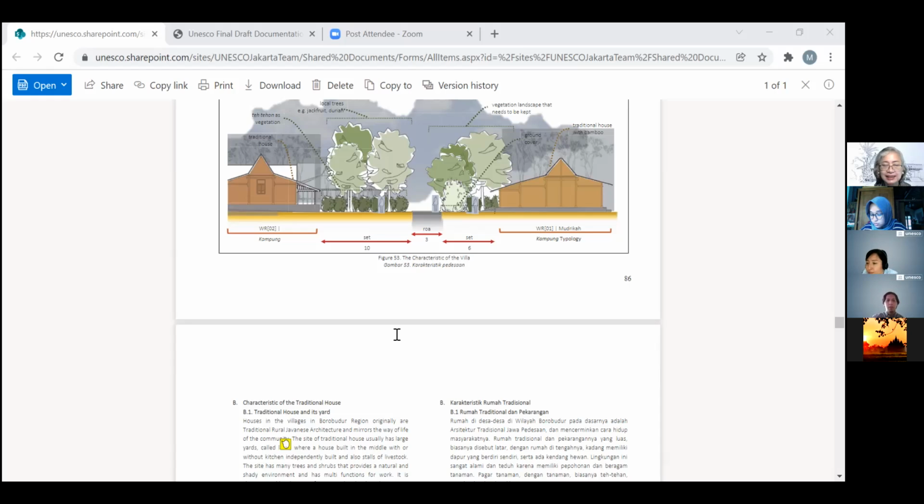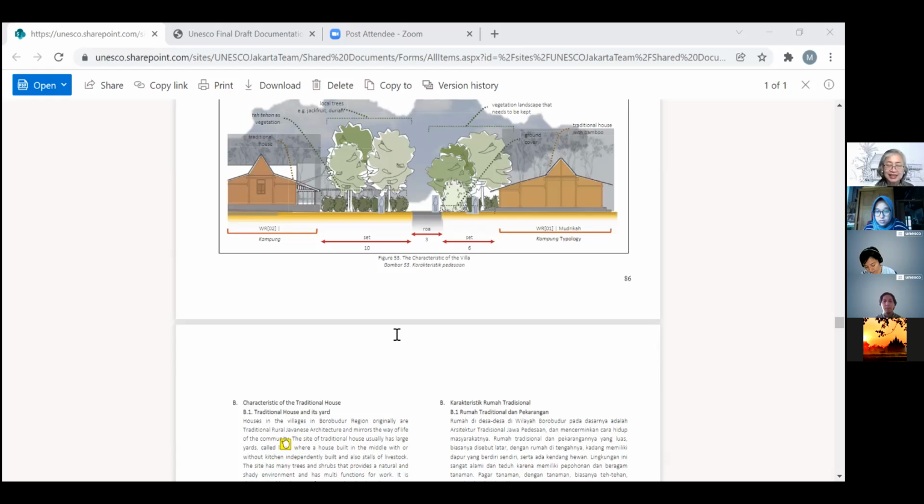Yes. And secondly, the characteristics of the traditional house. That will be two points: the traditional house and its yard, because the rural atmosphere comes from how big the natural area is, and which ones are the houses.